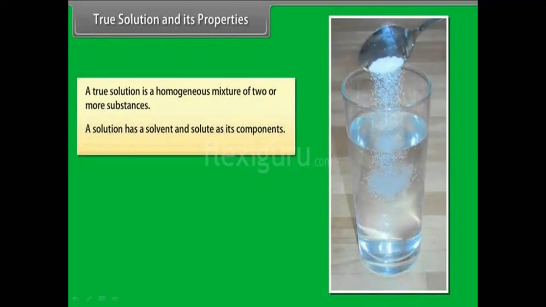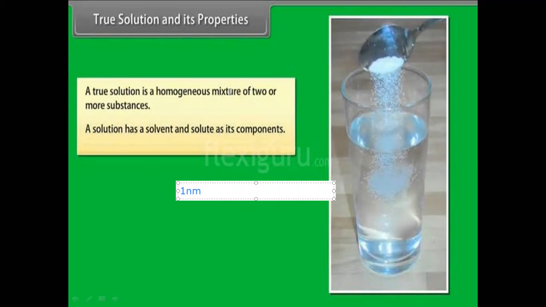For example, a sugar or salt solution in water is a true solution.